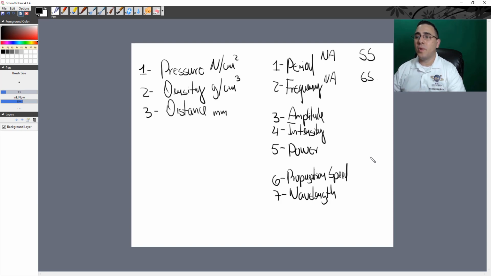So then we have the 3 acoustic parameters: amplitude, intensity, and power. If you remember, amplitude is the height of the wave. We have a positive amplitude, we have a negative one, we have a peak-to-peak amplitude. And this is the only acoustic parameter that behaves like a variable, because it goes up and down, up and down, up and down. It alternates that way. So amplitude uses units of decibels, right? Remember from previous lectures.